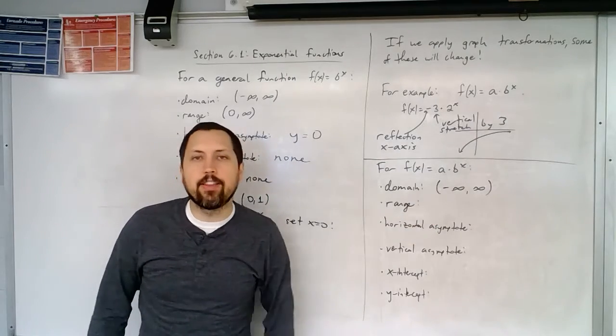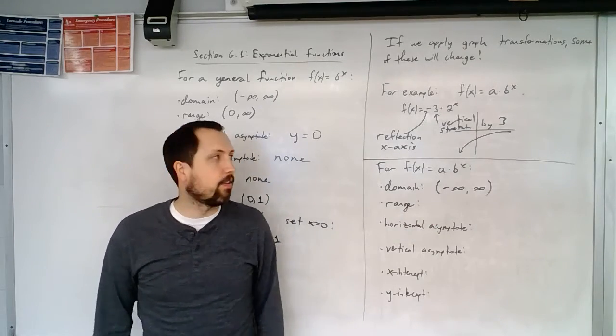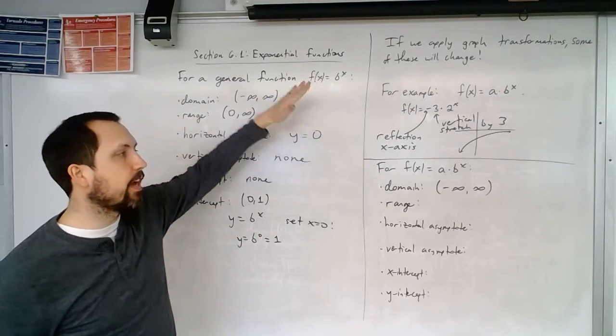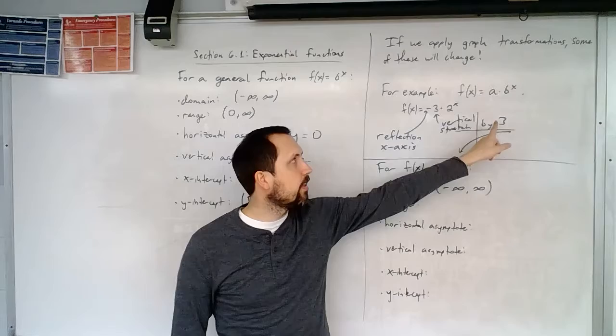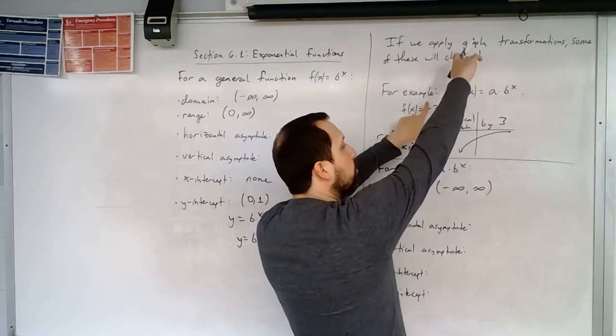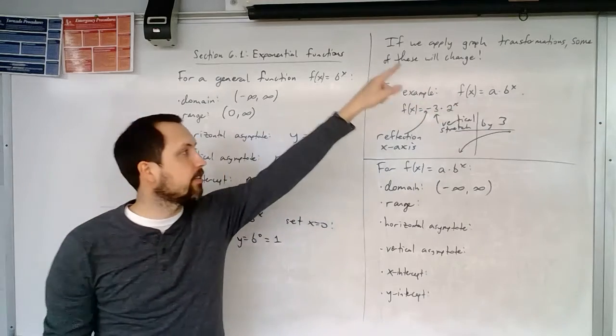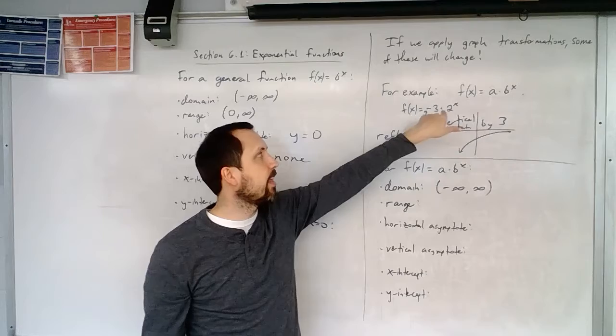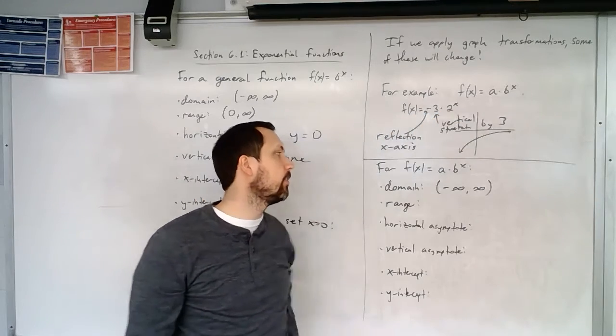Our range in this case is very different. Our range for just b to the x, we always thought was going to be above the x-axis. If this was just a +3, then it would vertical stretch by 3 and still stay above the x-axis. So what's going to change is whether or not we're reflecting it over the x-axis, and that's determined by whether this a is positive or negative.